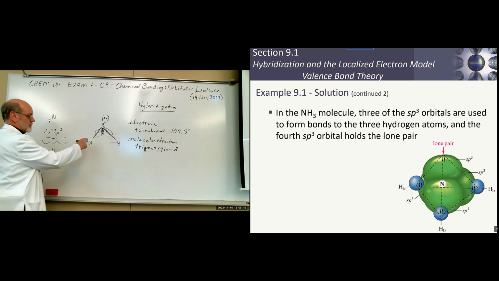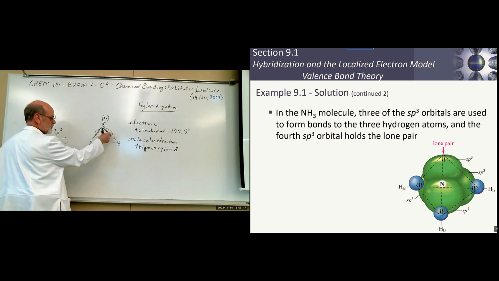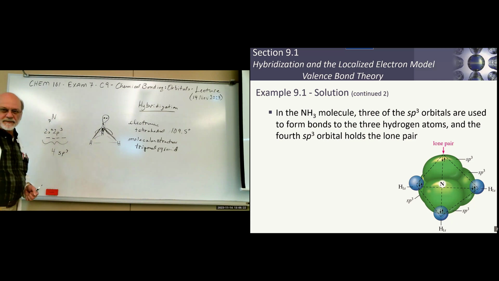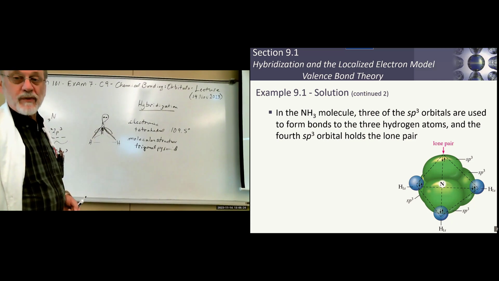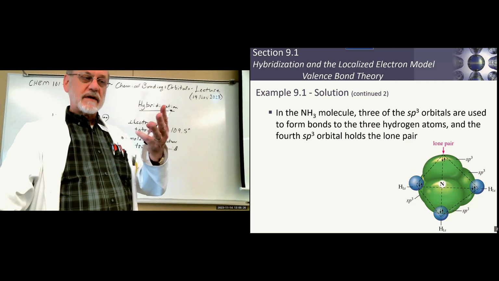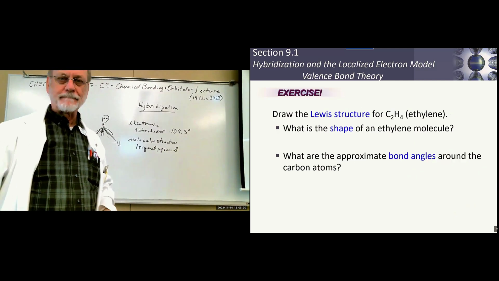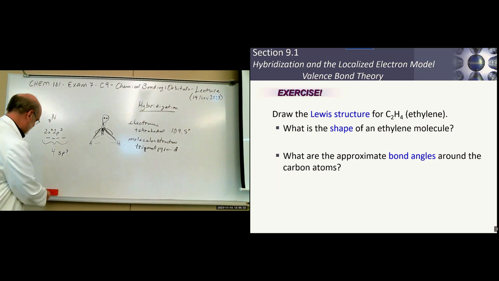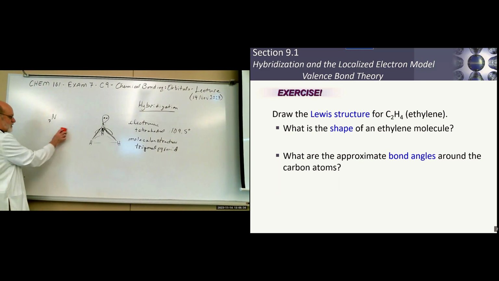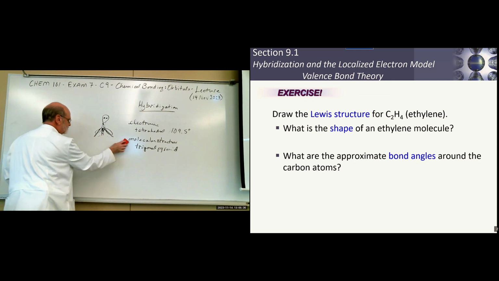We only need 3 of them. We're using 3 of them, 1, 2, 3 here, and the 4th one for the lone pair. But we still hybridized 1s and 3p's. Okay. Let's try a little more complicated molecule.